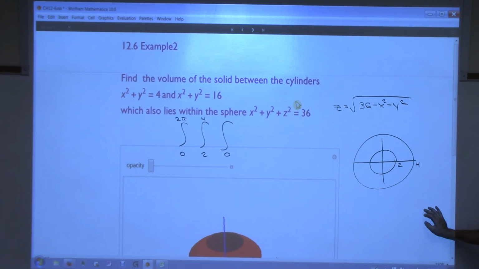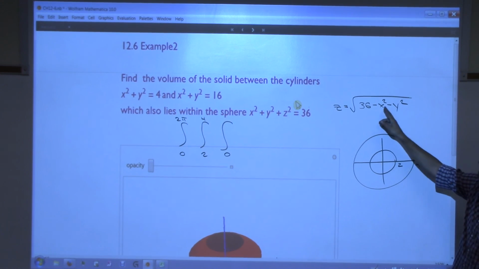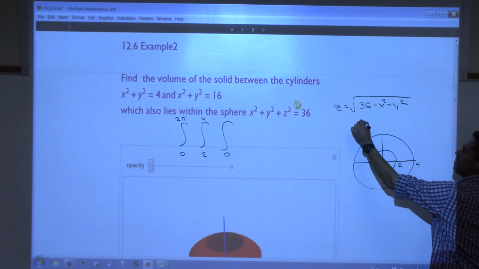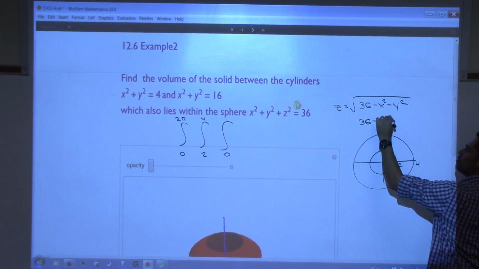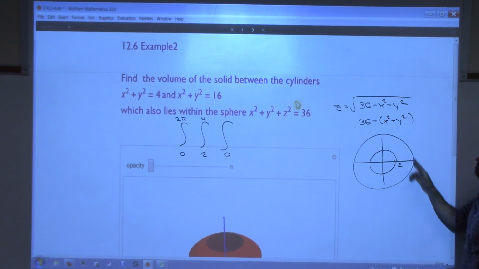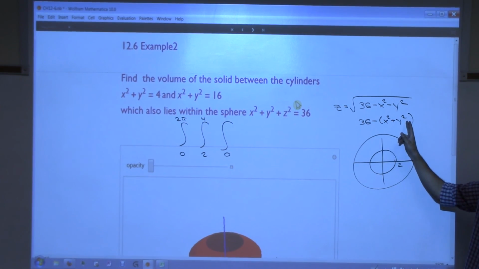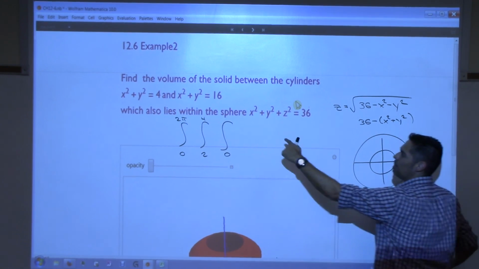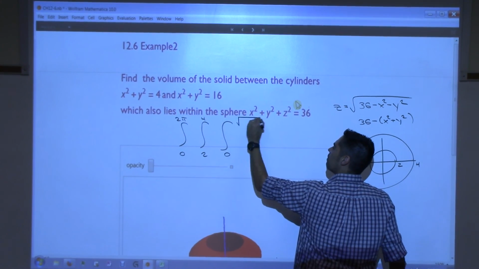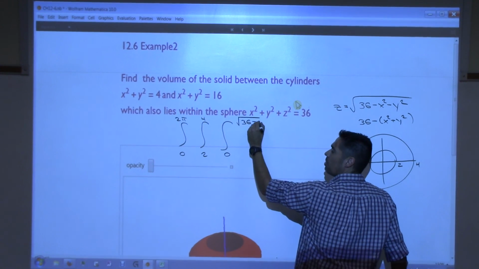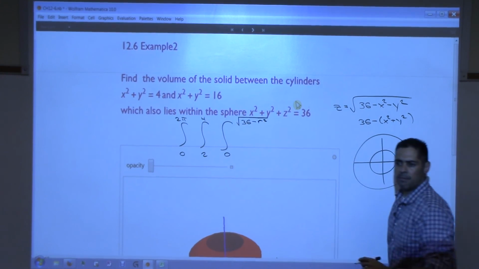But I keep on saying it, I'm in cylindrical, which is like polar. And so minus x squared minus y squared, that's the same as minus x squared plus y squared, which is really just r squared. So this top piece is just square root of 36 minus r squared, isn't it?